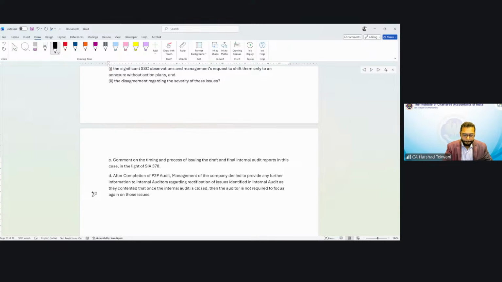So they contended that once the internal audit is closed, then the internal auditors are not required to focus again on those issues.